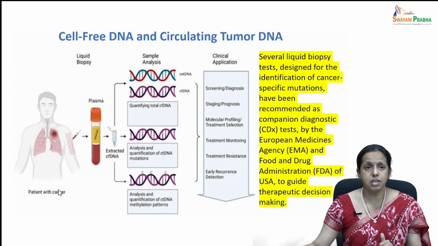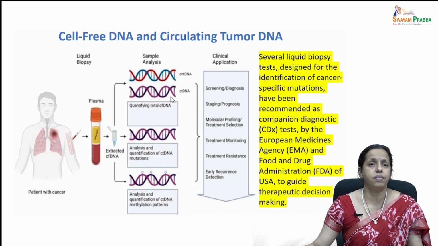Imagine a patient with cancer going for liquid biopsy. You extract the cell-free DNA from the plasma, which is very simple, and then you analyze it. You quantify your total cell-free DNA, and then analyze the mutations in it.